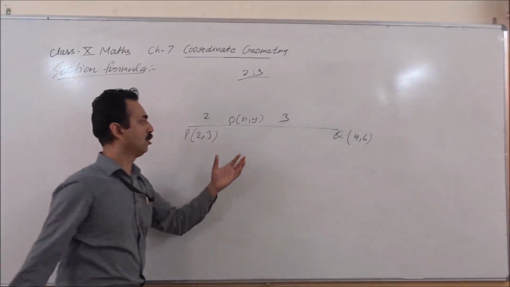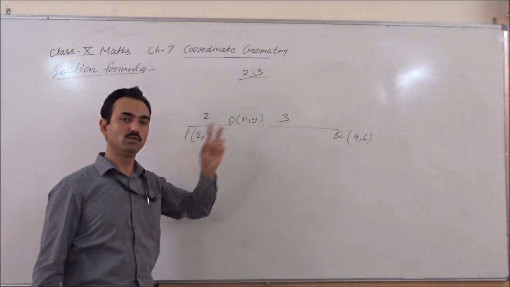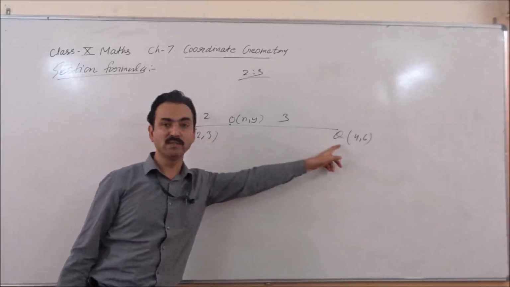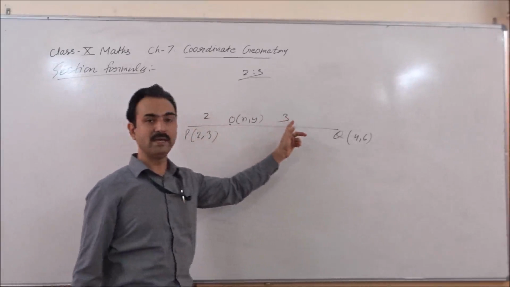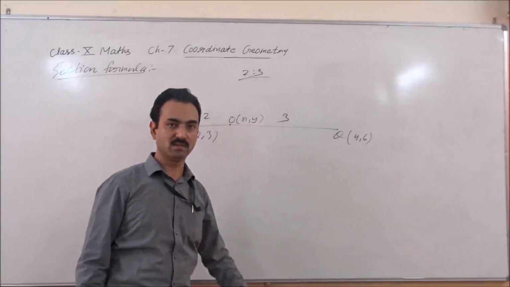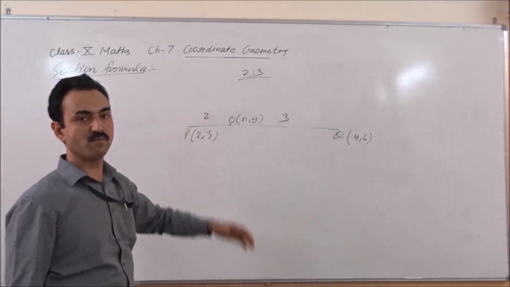Yes. So now we have to find the coordinate of this point. Two things we have given: the end points of the line segment, and the ratio in which the point divides the line segment. How can we find the coordinate of this point?